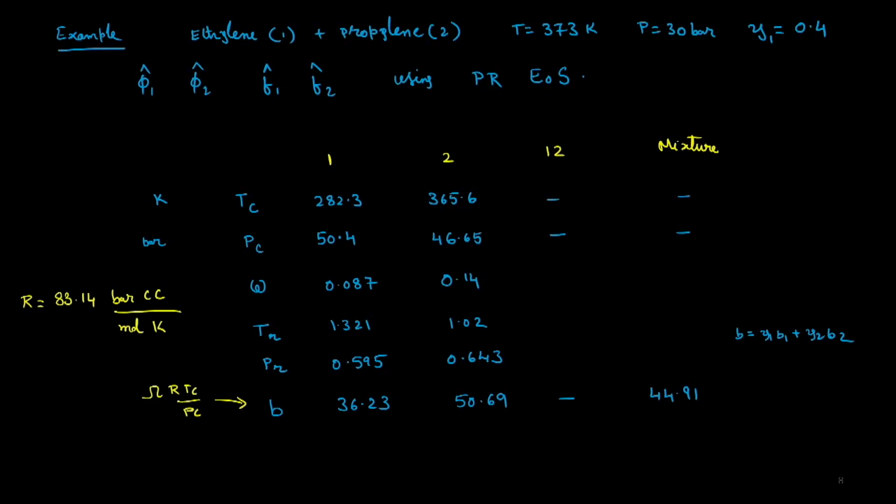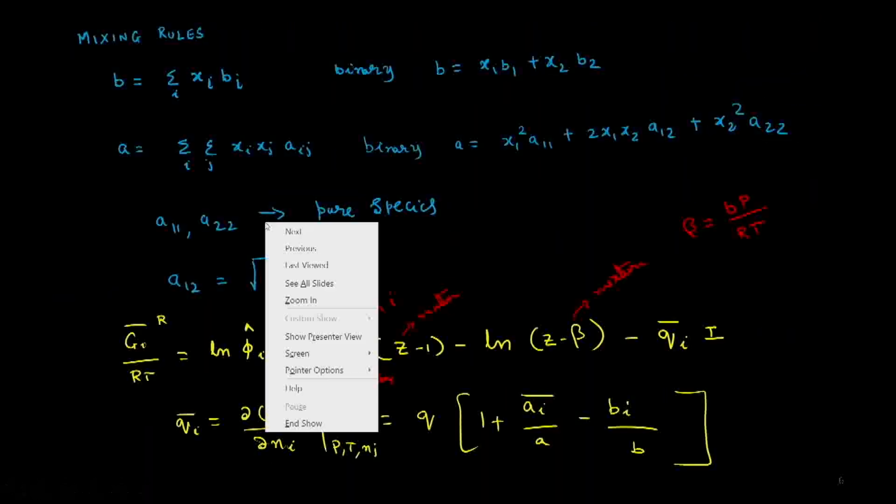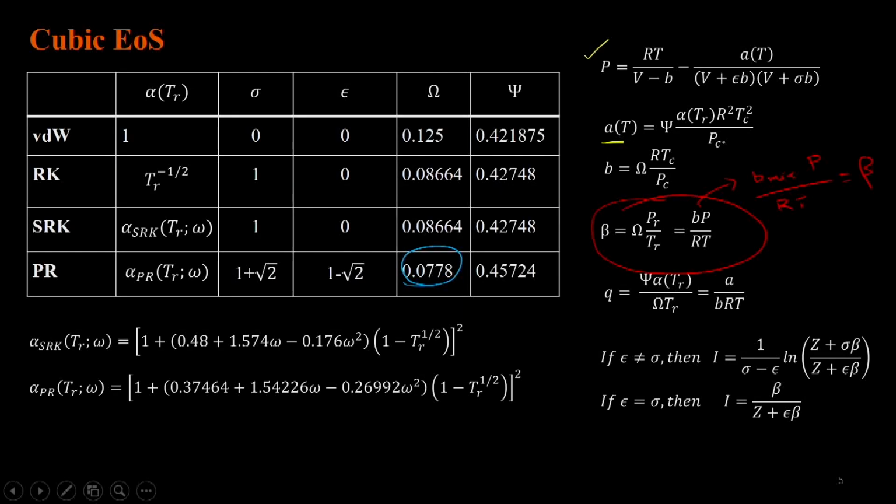So once I have B, the next thing I would like to calculate is A. If you go back and look at our table, A is given by this expression here, which requires psi alpha r squared Tc squared over Pc. So we run through this calculation. The first thing I will calculate is alpha for the Peng-Robinson equation of state, which is this number here. It needs omega and the reduced temperature.